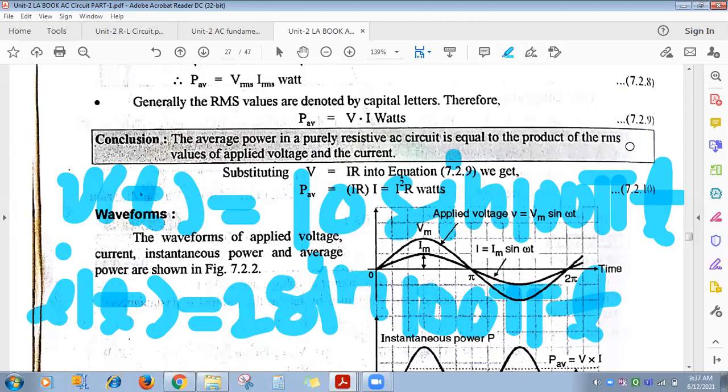It means no phase difference between voltage and current. So which type of circuit is it? It's a purely resistive circuit. We have seen that for a purely resistive circuit there is no phase difference between voltage and current. The phase difference between them is 0 degree.